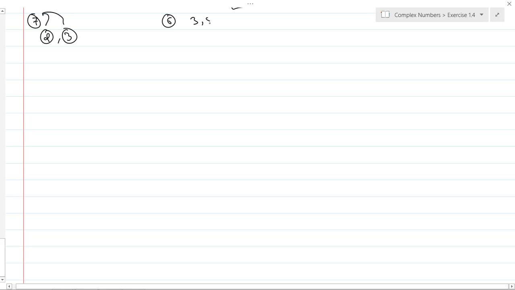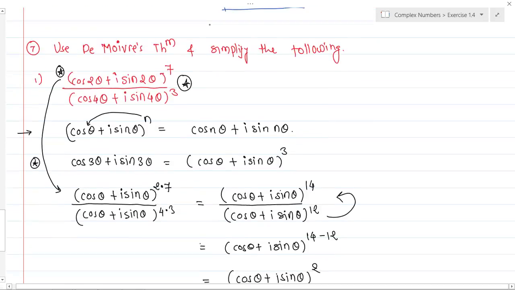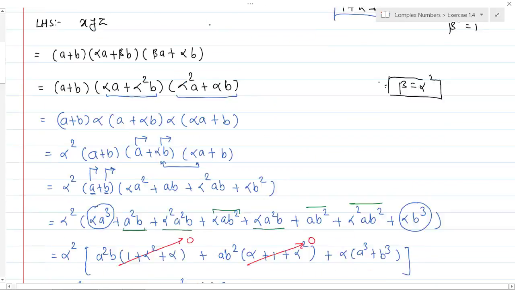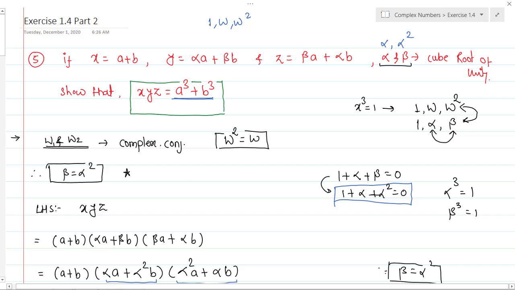Okay, so in question number 7 there are 2 questions, so that you have to take as homework. In question 7, 2 and 3, and in the 6th also we had left the question number 3rd and 5th. Question number 6, 3rd and 5th you have to take as homework. Okay, and with these 1 2 3 4 questions you have to fair all the questions which we have solved in the class. Is it okay?